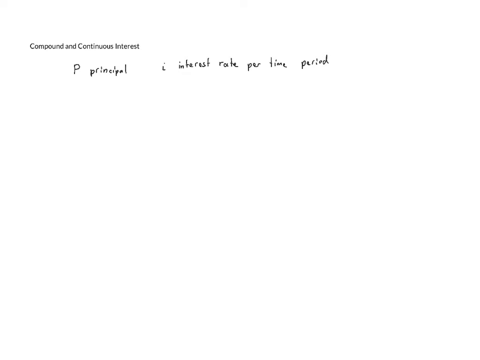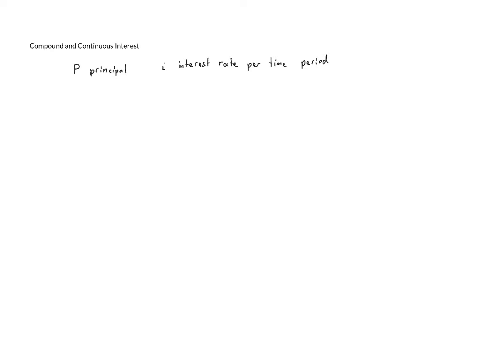So what happens with compound interest is we have a time period upon which the interest is compounded. Oftentimes it's compounded every month. Sometimes it might be compounded every year or every quarter. It could be compounded every week or every day.